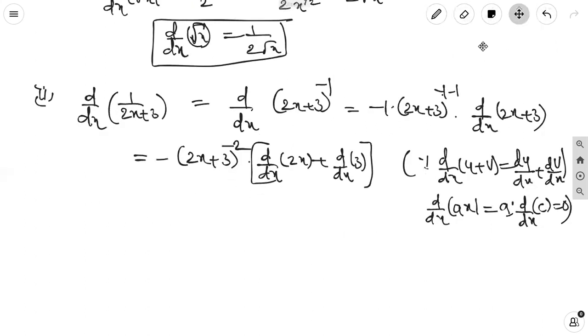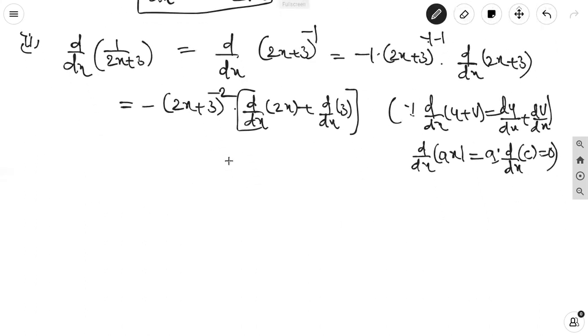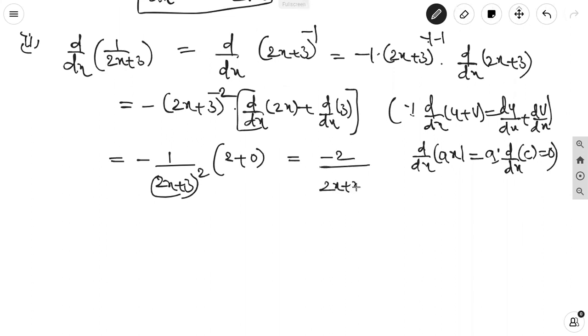So it is equal to minus 1 by 2x plus 3 whole square. Derivative of 2x is 2, derivative of 3 is 0. So it is minus 2 by 2x plus 3 whole square. It is the second solution.